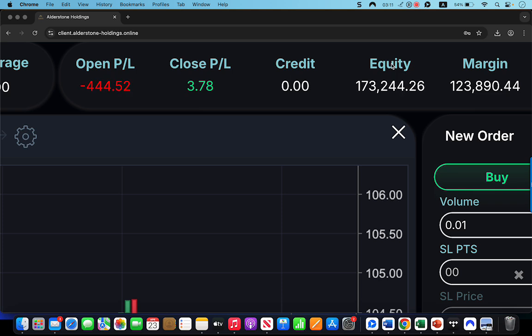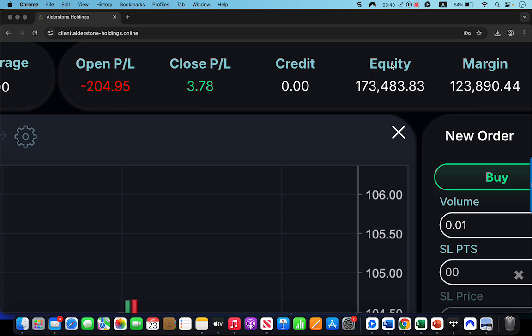Your balance, as I mentioned, is the money that you put in as a deposit, the withdrawals that you might have had, and the results of your trading, your closed positions. The equity takes that and adds to that the aggregate of your open positions. So if you are making a lot of money on your open positions, you're going to see that on your equity.